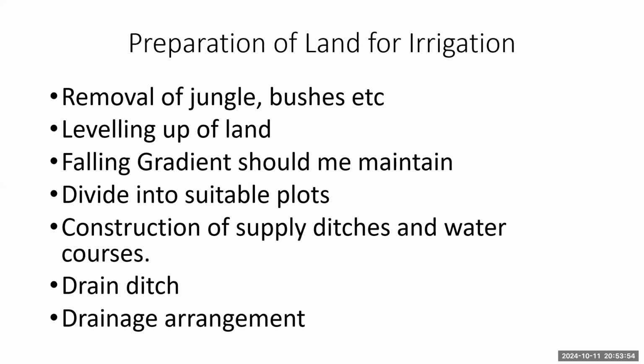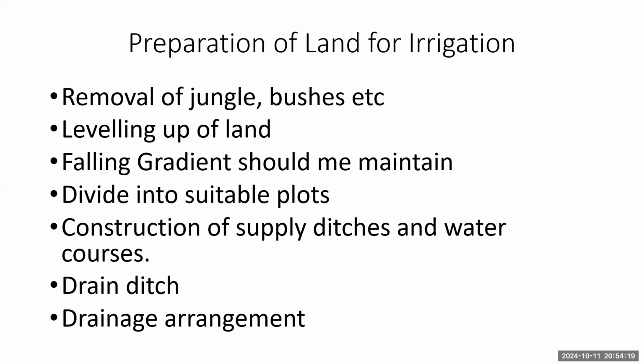Now, after studying the types or classification of soil, the next point is how the land should be prepared before applying irrigation. So our next point is preparation of land for irrigation. When irrigation water is applied, the land should be prepared as per the following points.